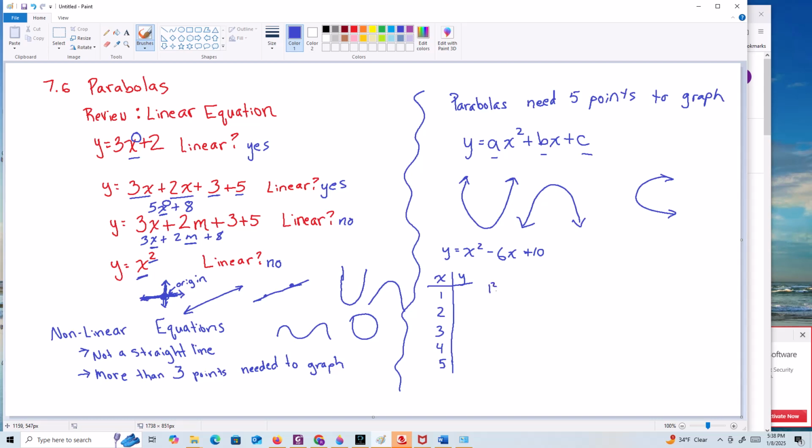So 1 squared minus 6 times 1 plus 10 is going to be 1 minus 6 plus 10, which gets me 5. Then I'll plug 2 into it, and I'll get 2 squared minus 6 times 2 plus 10, which is 4 minus 12 plus 10, a positive 2.